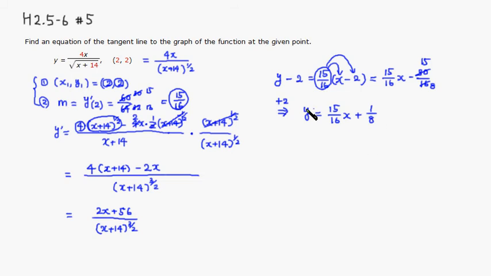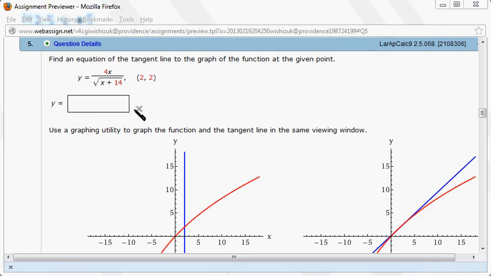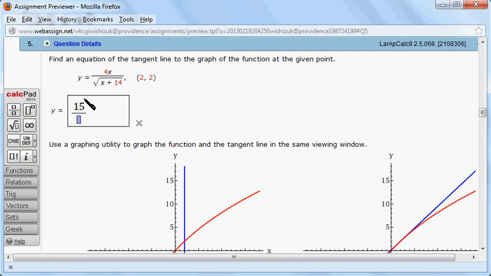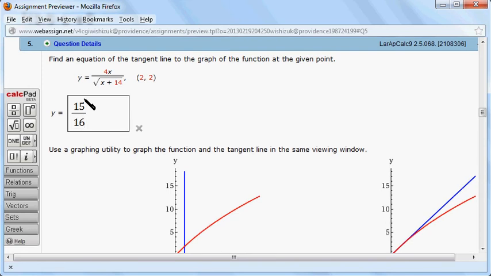So that's the tangent line. Let's type it in. The tangent line we got was 15 over 16x plus 1 over 8.